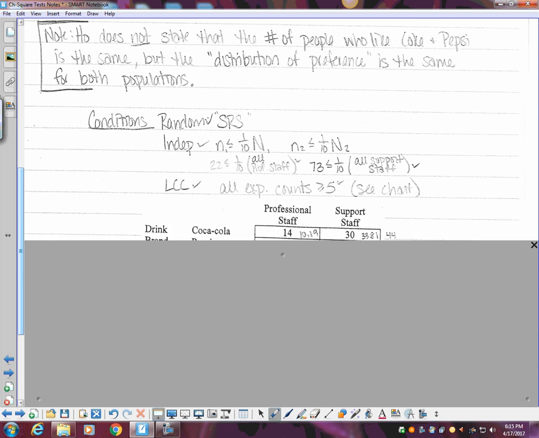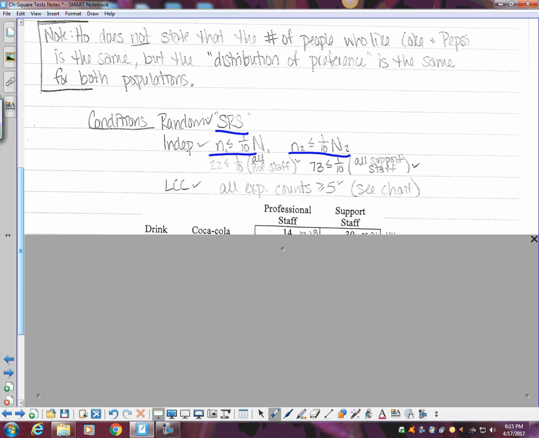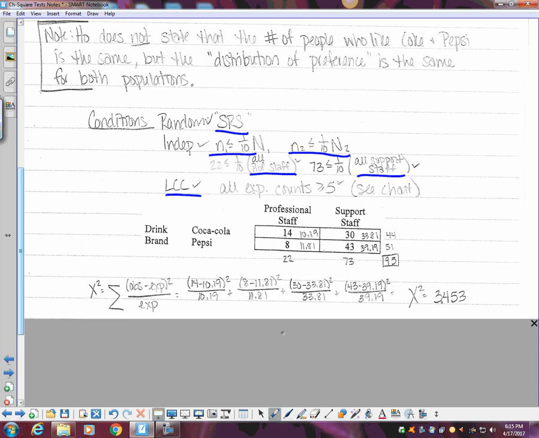Real quick to do your conditions. Now remember you have two sample sizes. So random, yes, it says it's a simple random sample. Independent, you have to do this twice because you have two separate populations. I have all professional staff and also support staff. And you put your check mark and just assume. Large counts condition, let's check it.